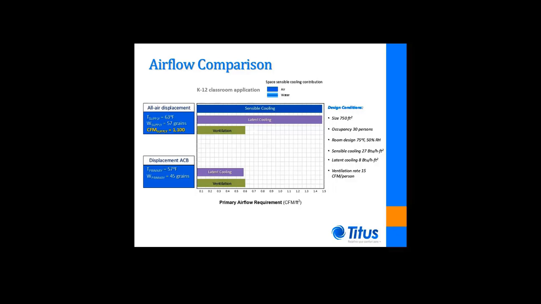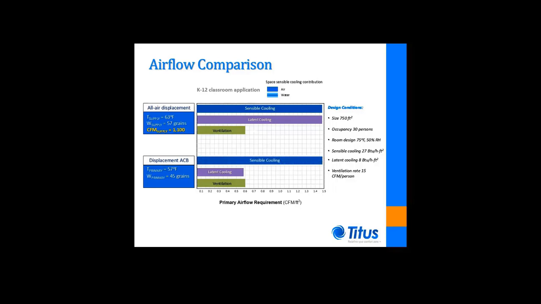In this case, about 0.6 CFM per square foot is required for the space latent cooling. Although the same amount of moisture must be removed from either system, the displacement beam system is able to do so at a much lower airflow rate.